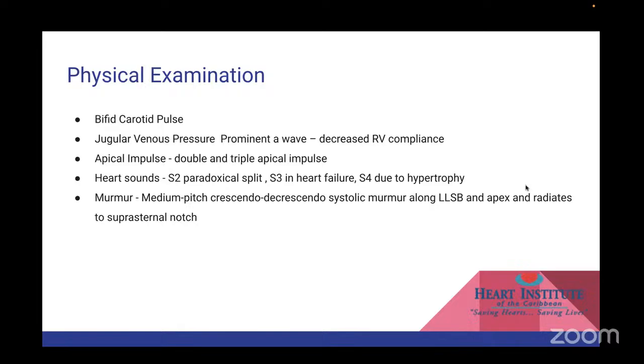So for the physical examination, before I go into the physical examination, I just want to speak about some of the maneuvers that we would do when we're examining these patients. When the patient squats, squatting increases the blood going to the heart, increases the preload. So squatting would actually decrease the murmur or decrease the left ventricular outflow tract obstruction, which is not the same for most other murmurs.